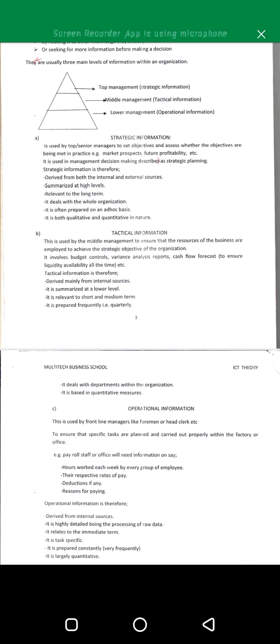Strategic information is therefore summarized at high levels. So this information is very, very summarized, and we shall see how.